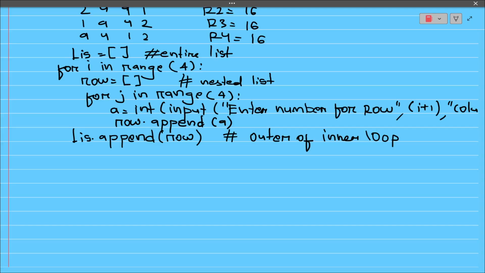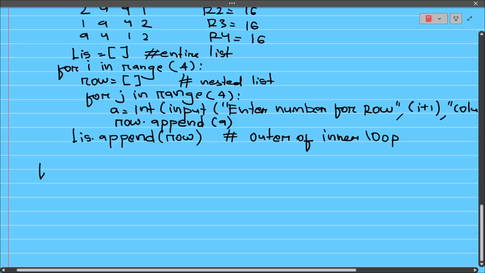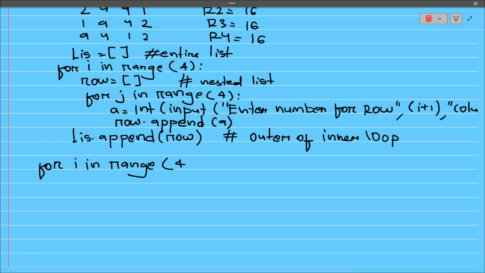Now what I need to do is print row wise. Then I need to follow a similar process: for i in range, same as I said, right? This is going to be a little lengthy. Then here I need to print the sum. So let me take sum is equal to 0.